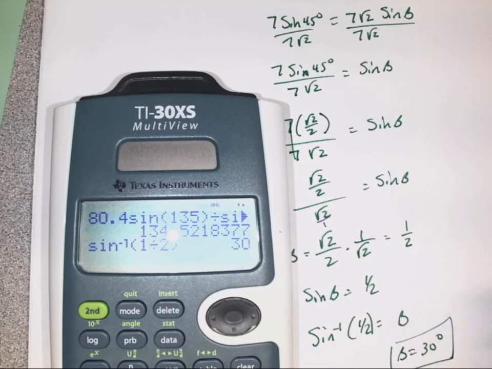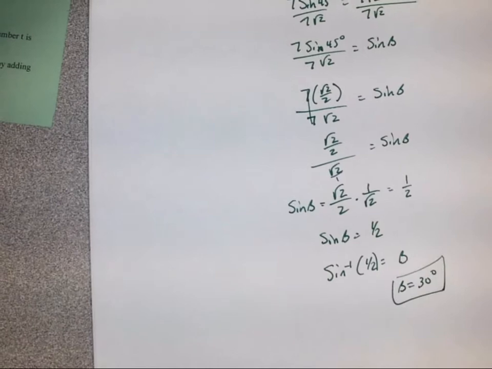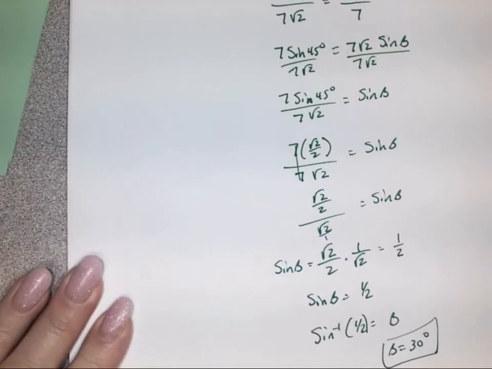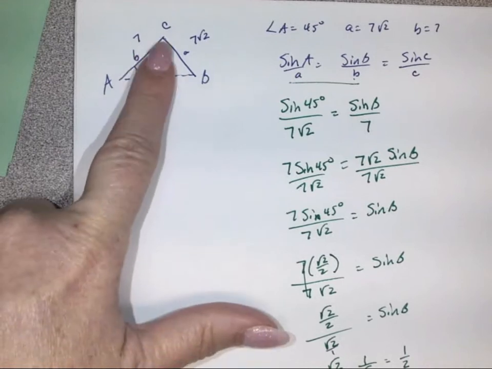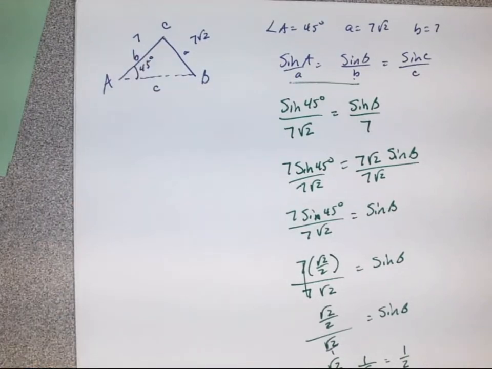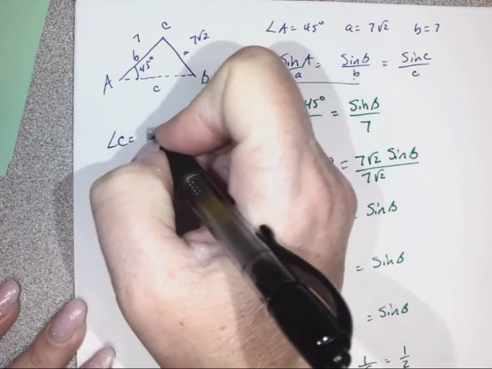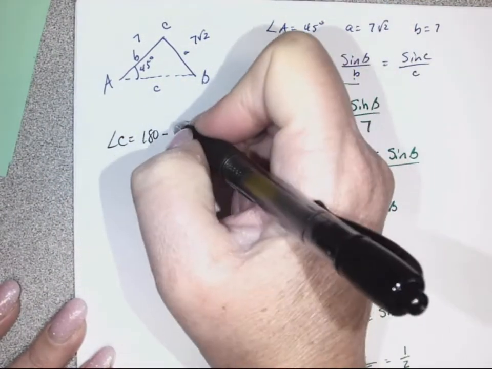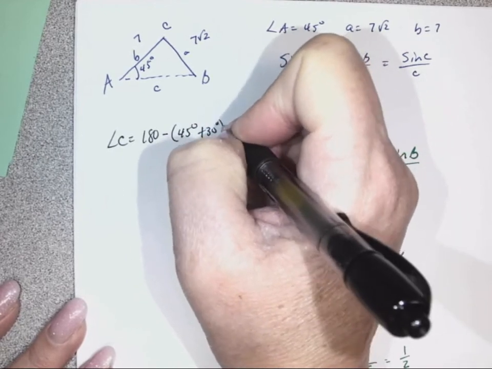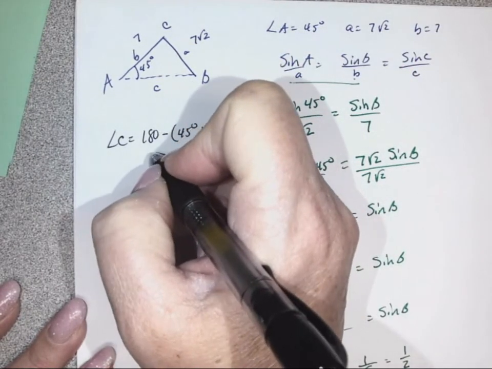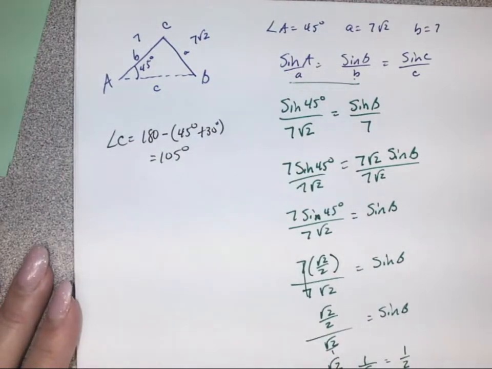Now that we know angle B, we can go back and solve for the rest. We can actually find angle C. So to find angle C, it's going to be 180 minus the 45 degrees plus the 30 degrees. So angle C will be equal to 105 degrees.